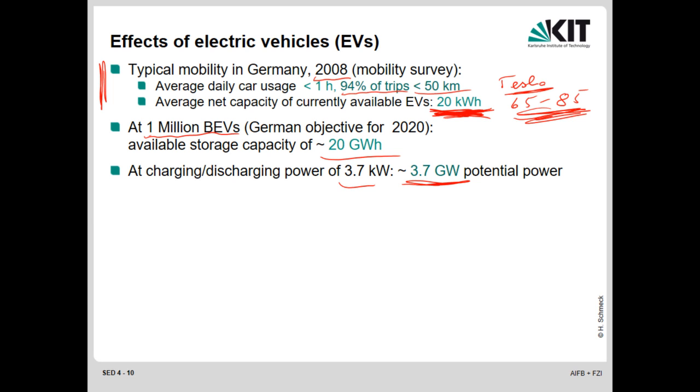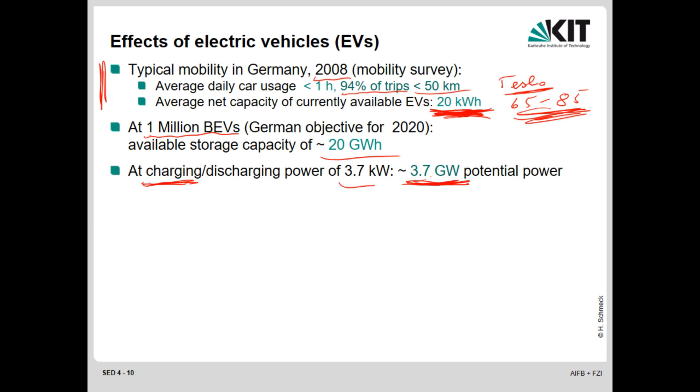But it also means that, like I just said, we could provide 3.7 gigawatt, but if we want to recharge the batteries, we have to provide that much additional power with 1 million battery electric vehicles. That means we would need about 3 nuclear power plants in addition just to recharge the batteries.